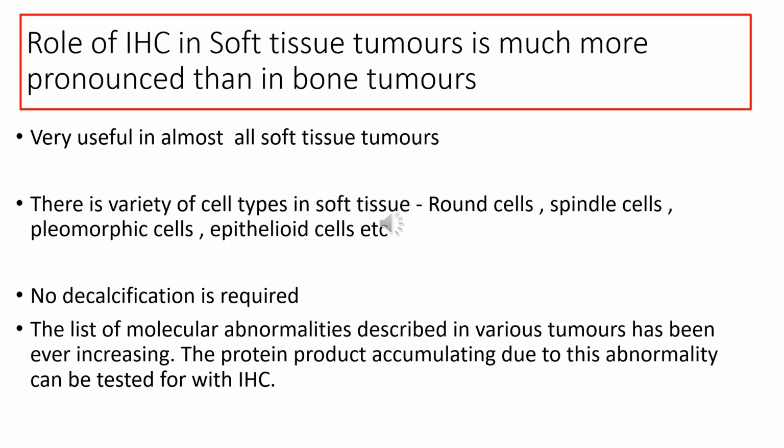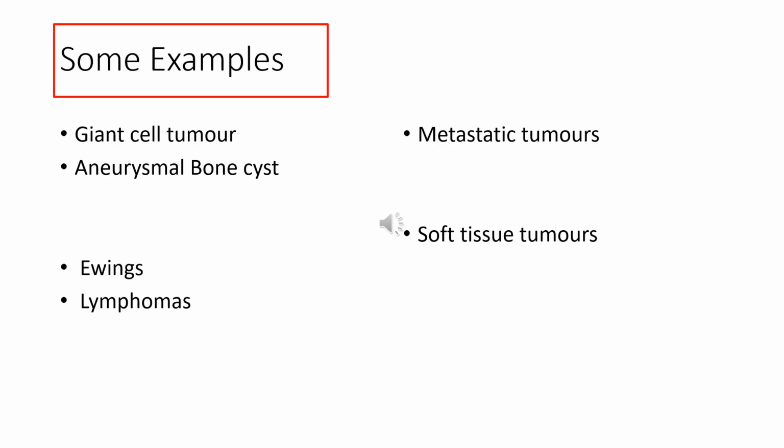Hence, the utility of IHC for soft tissue sarcomas is much more pronounced and has made much more rapid strides. Now let me give you a few examples of giant cell tumor, ABC, Ewing's, metastatic tumors and soft tissue tumors.